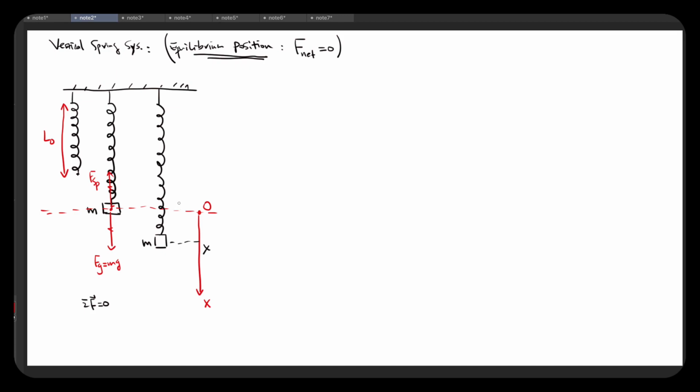We can also say the spring now has a coordinate x. The spring force acting on the mass is now bigger than the previous one. That's the restoring force. Gravity is still the same, still mg.